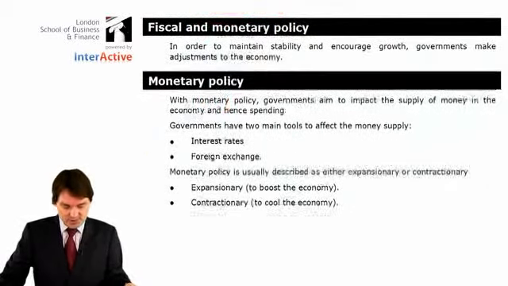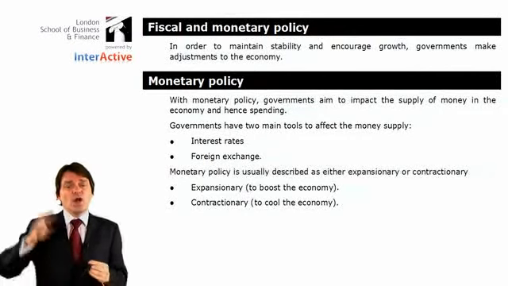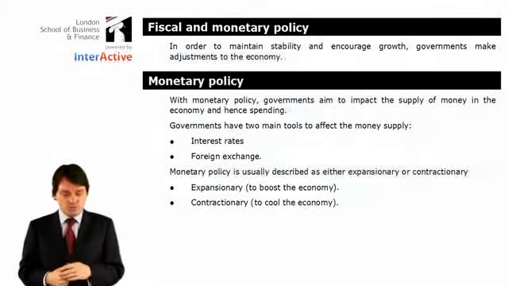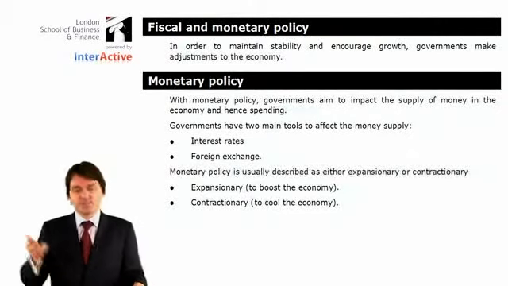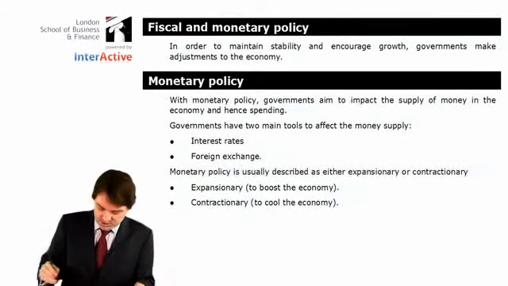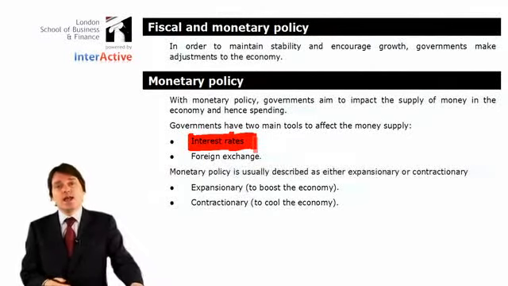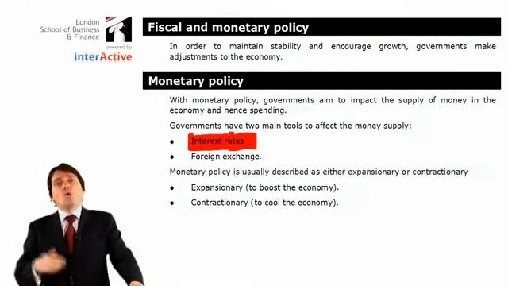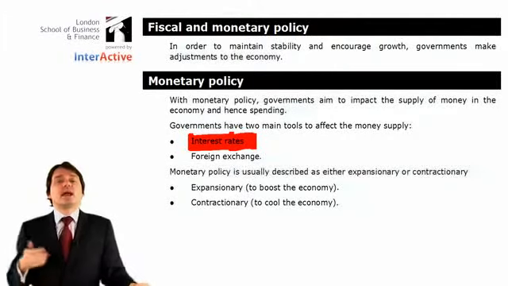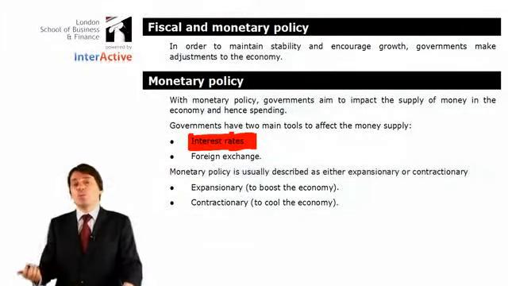Fiscal and monetary policy. In order to try and get all these things to work, the government basically has two weapons that it can use. Monetary policy, and in a minute we'll talk about fiscal policy. Monetary policy is all to do with things like interest rates. Now in the UK, when the Labour government came to power in 1997, they gave the Bank of England freedom to move interest rates as they wanted to.